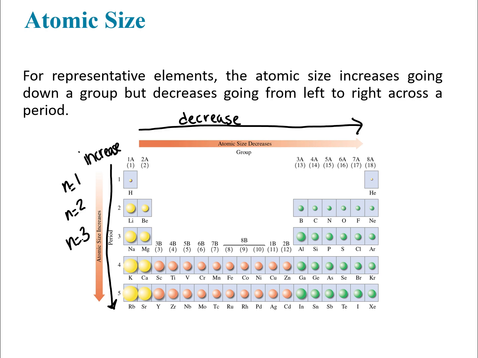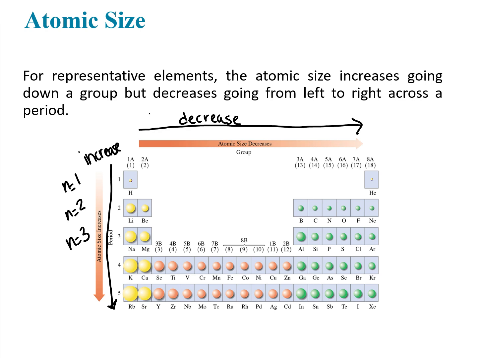So your 3s orbital is much bigger than your 1s orbital. So your electrons are going to be much further away. It follows that as you increase your energy level and the electrons are able to be further away from the nucleus, that means your atom size is going to get bigger.